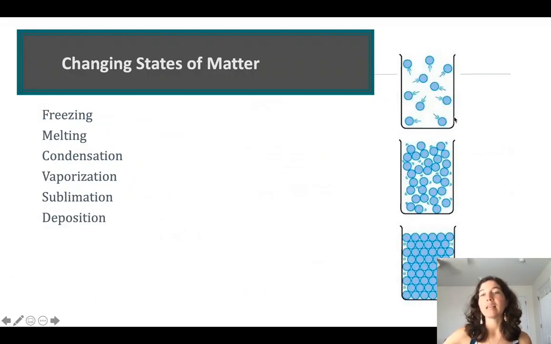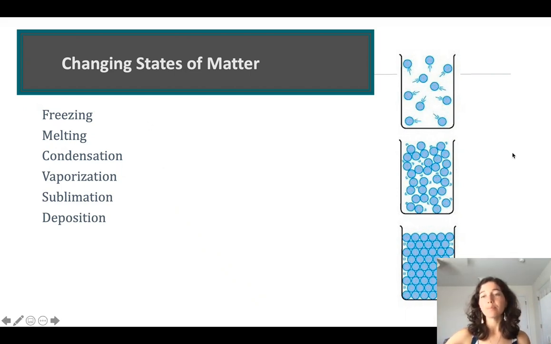Here is an example on the side of what our different states of matter look like in a container. We've got a solid here on the bottom where our molecules are very close together, tightly packed. Then the molecules move further apart and they assume the shape of the container. And then they get even further apart as a gas and they fill the entire container.